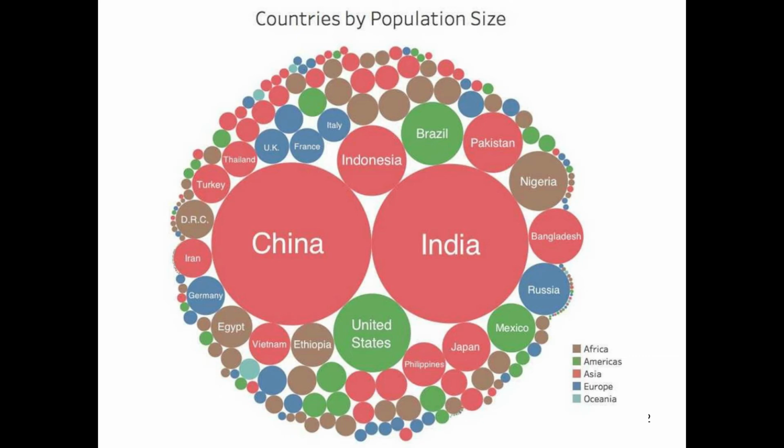So, with the color code, this color is African countries, the green color is American countries, the red one is the Asian countries. See, maximum are the Asian countries which are leading, then European countries, and then Oceania. So that's how we are able to present the population of all the countries in one diagram, one picture.